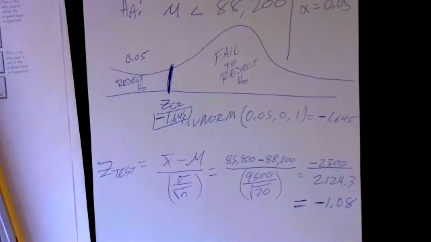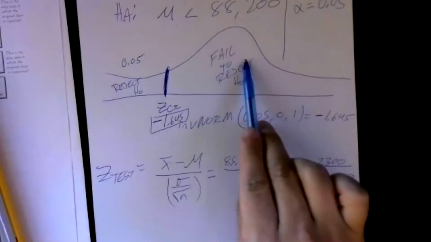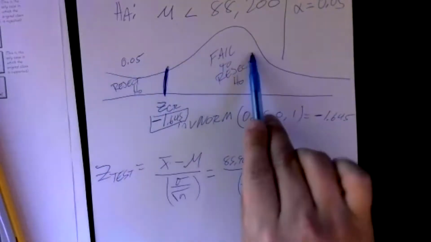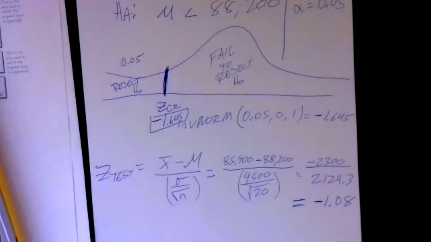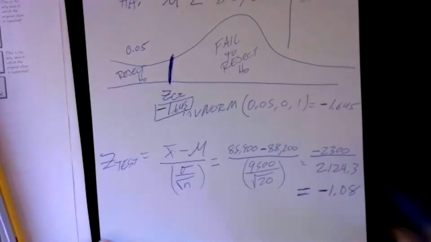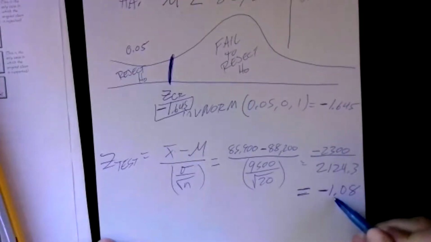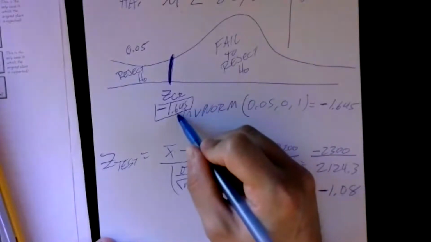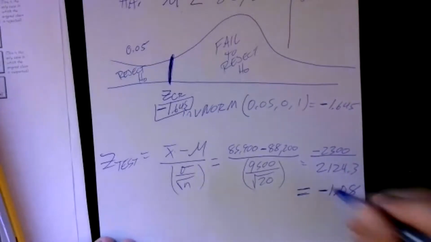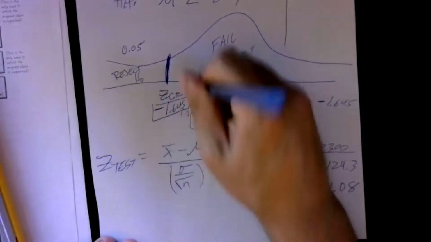Now, we need to take a look at where this test statistic lands on our figure, whether it's to the left or to the right. Now be very careful because these are both negative. Negative 1.08 is greater than negative 1.645. So negative 1.08 will be somewhere over here.